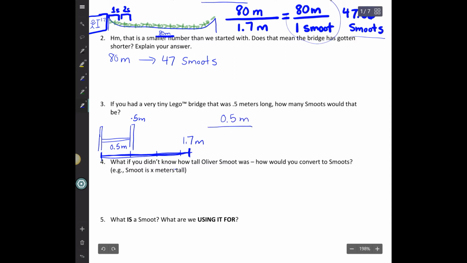We can say, okay, I want to divide that into how many smoots it is. So again, we're taking 0.5 meters and saying divide that into smoots, please. I want to know how many smoots that is.